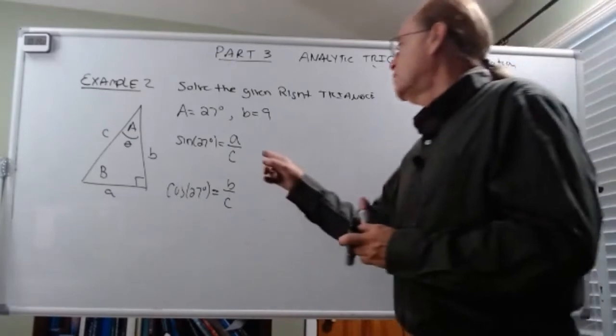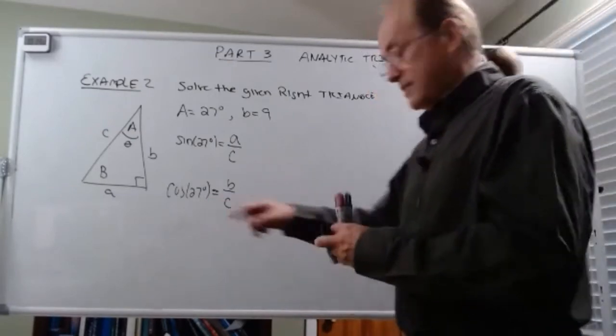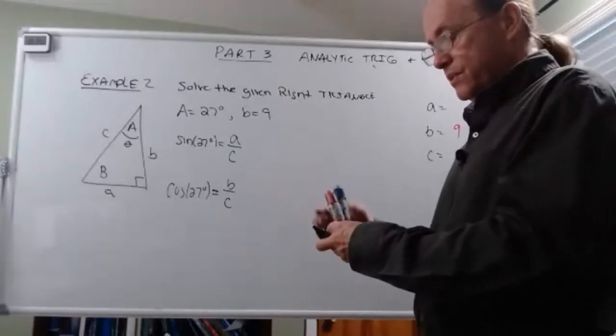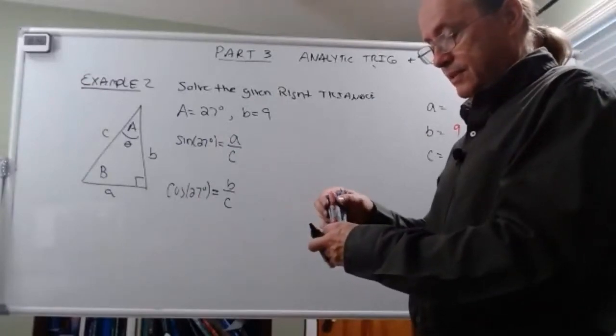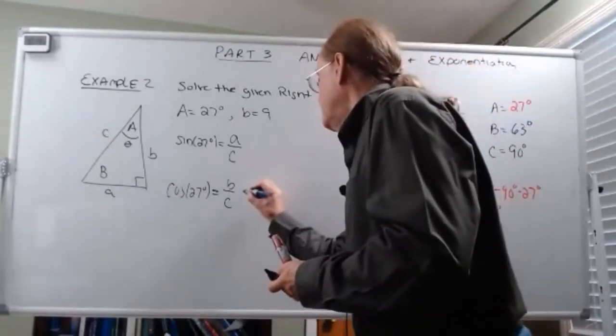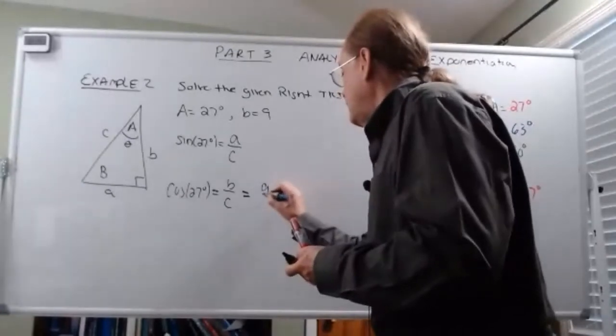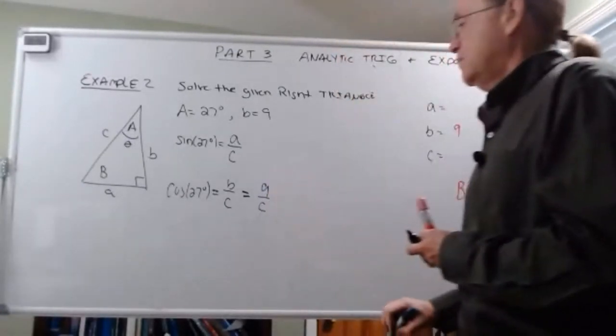Now let's put in what we know. I know B, so this tells me right away what I'm going to need to focus on. Let's plug in what we know. B is equal to 9, but C is not 9.